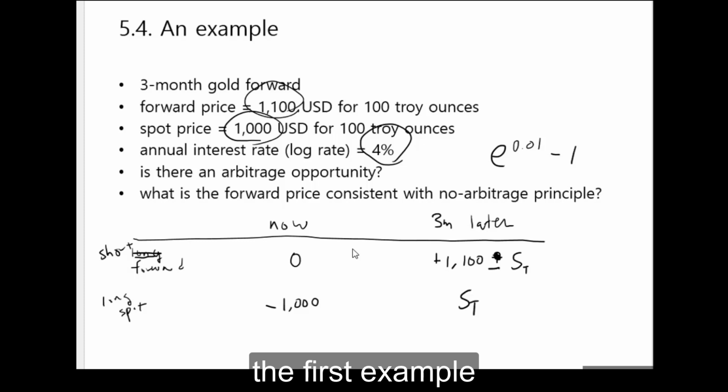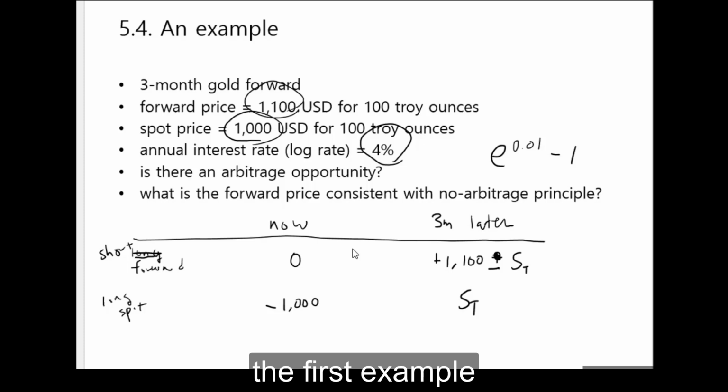So the reason why we think about this situation is if we just combine these two, then this S_T will disappear. So we don't have to worry about the spot price in the future. And it's certain that you will receive $1,100 from the combined position.